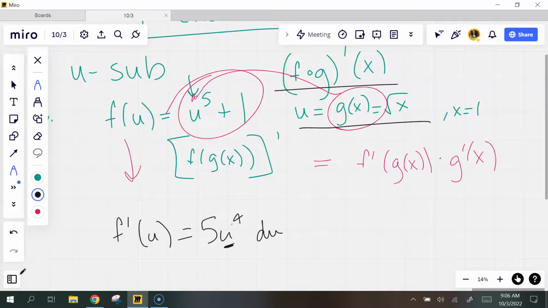So yes, du is going to be the derivative of g. So 1/2 x to the, that's exactly right. If you're a plug-in kind of person, this is the same thing as this. I'm just chaining it right now. Again, this is setting you up for u substitution.